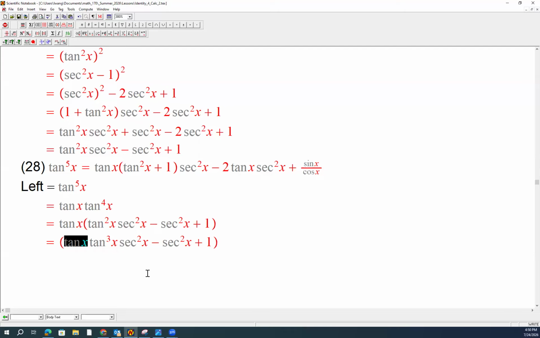So this is going to be tangent to the power 3. Then this tangent is distributed here, and this tangent is distributed here. I think at the time I derived this, I had a different idea, but this also works.